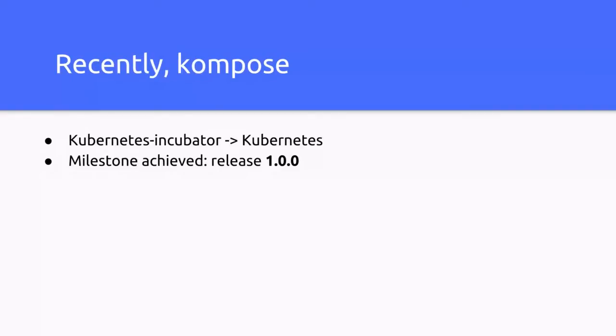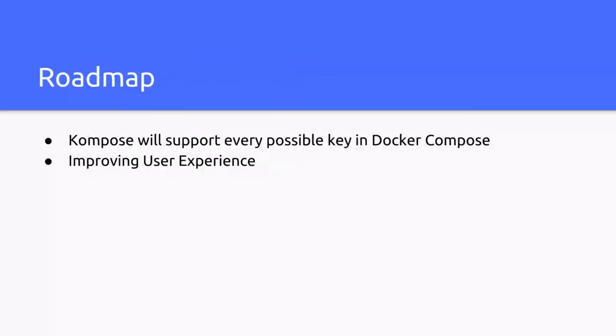And recently we achieved some milestones, great achievements. For the last one year, Kompose was in the Kubernetes incubator, and now we are part of the Kubernetes organization. We also got a milestone release of 1.0. How cool is that?